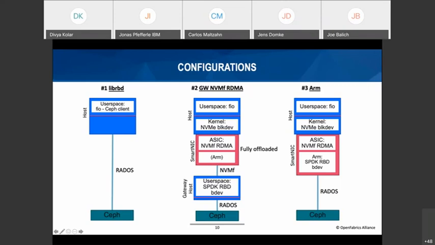And in user space, again, we have FIO, but instead of using the Ceph library here, we just use libaio to do the benchmarks against the block device in the kernel.